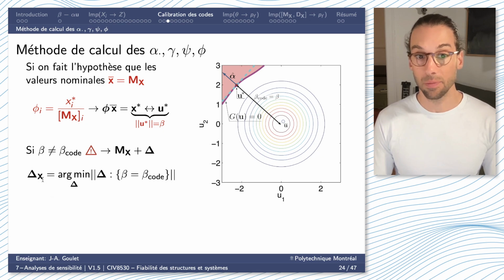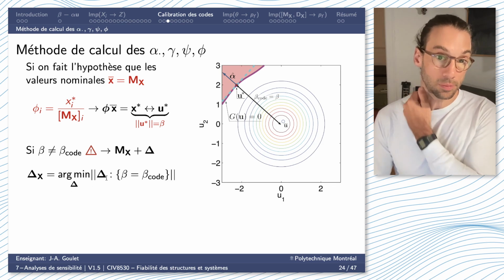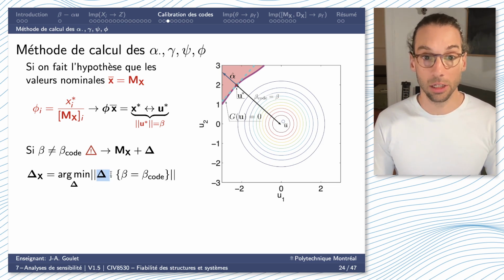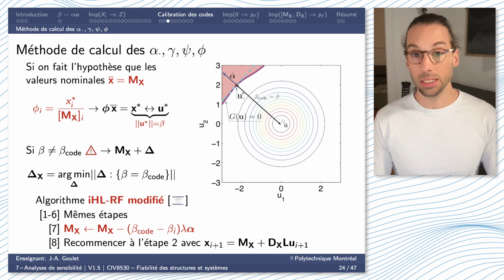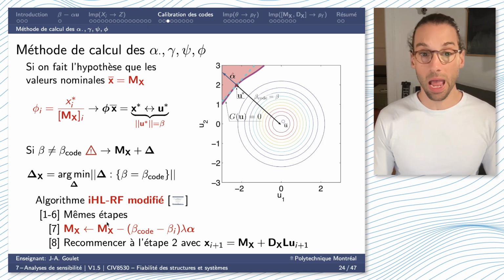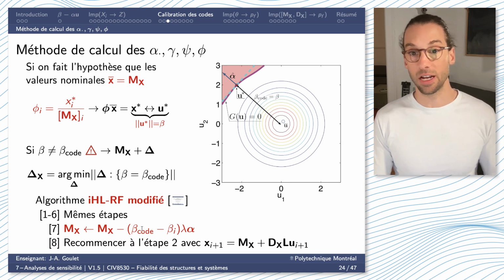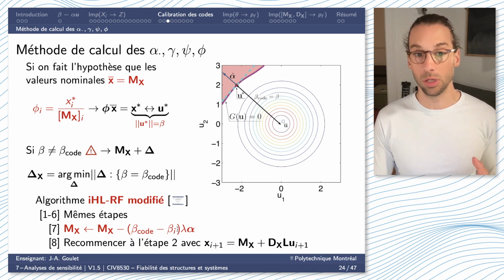And that delta should be the argument that is the minimum, such that the beta I'm computing is equal to the beta specified in the code. To do this, I simply move my mean in the same direction as defined by alpha, by a quantity proportional, with my lambda factor, to the difference between the beta specified in the code and the current beta that I'm computing here.